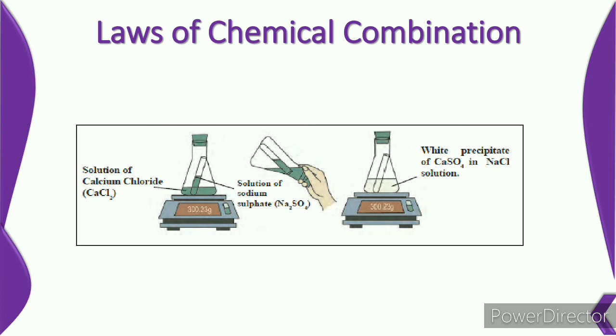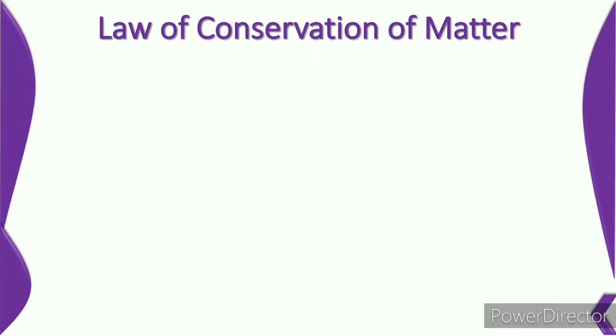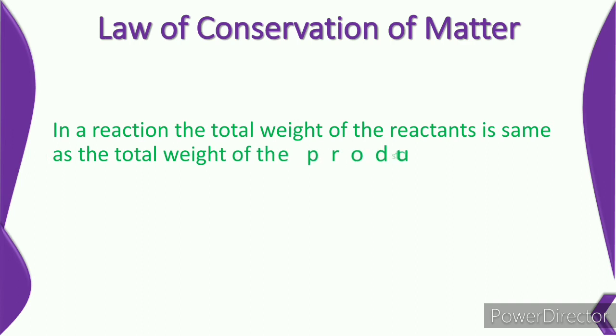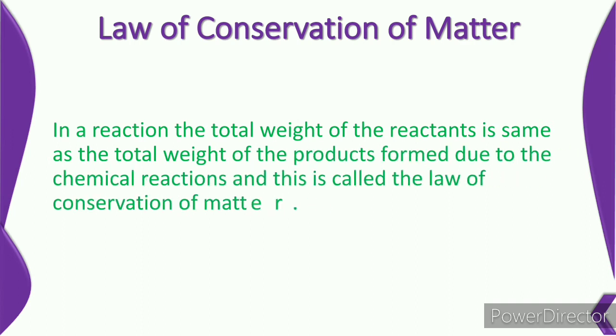Now we will see the law of conservation of matter. In a chemical reaction, the total weight of the reactants is the same as the total weight of the products formed due to the chemical reaction, and this is called the law of conservation of matter.